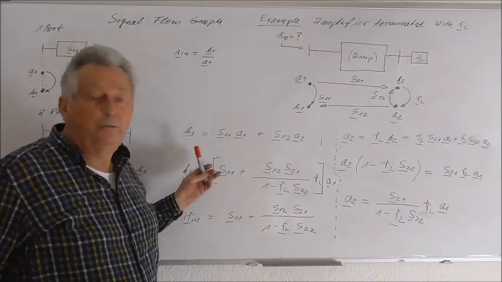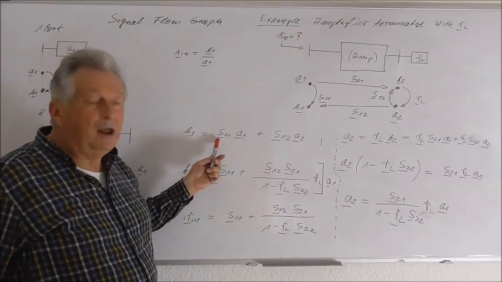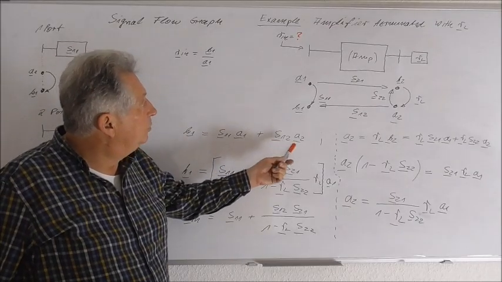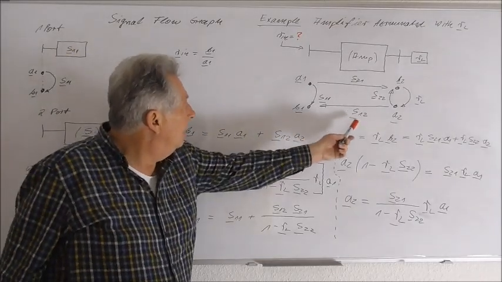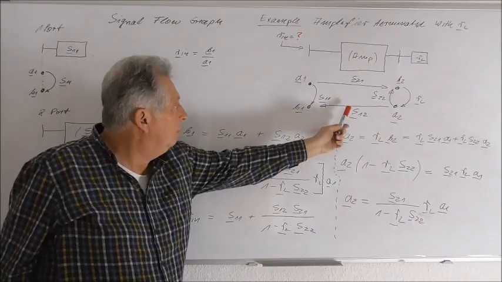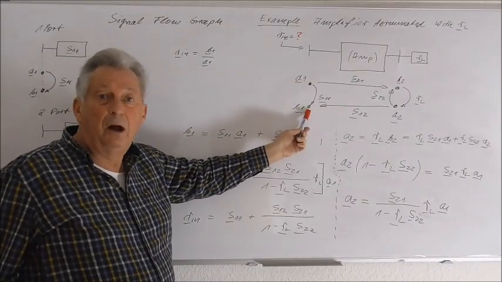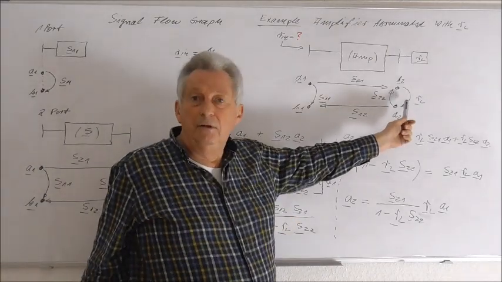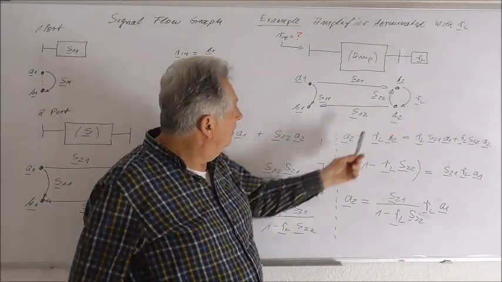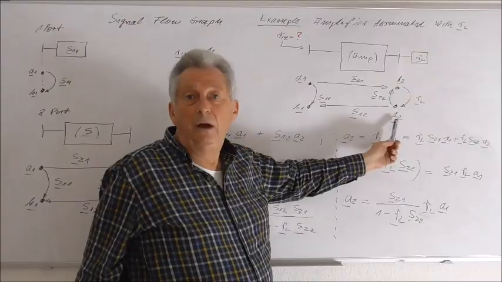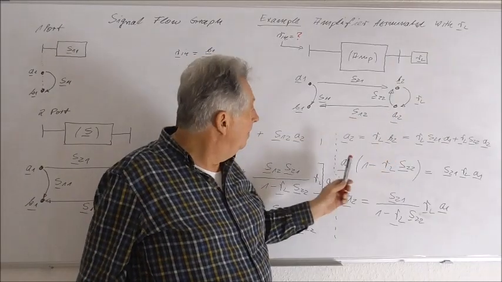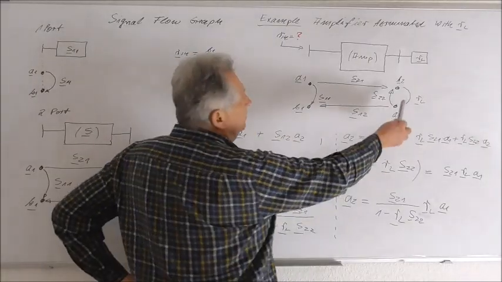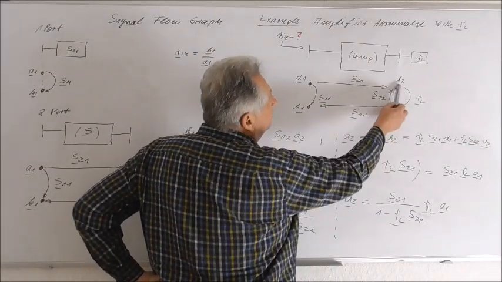So we can start with the equation B1 is S11 times A1 plus S12 times A2. These are the two components which result in B1. But the problem is now this loop again. So we have a look at the wave amplitude A2, and A2 is given, in the first step, just by RL times B2.